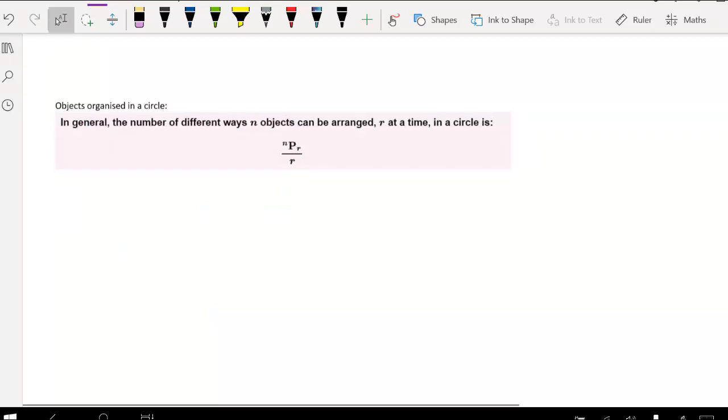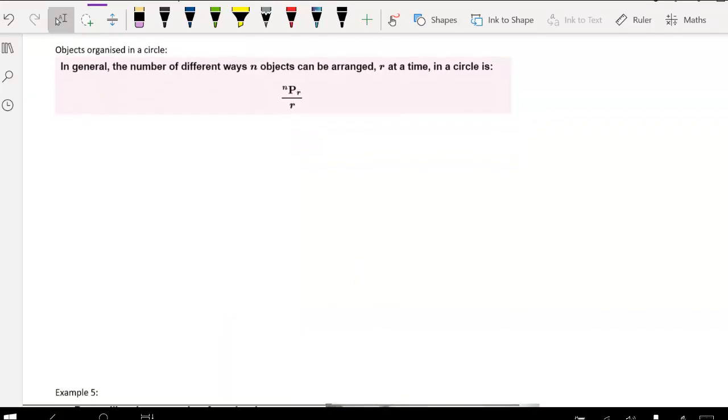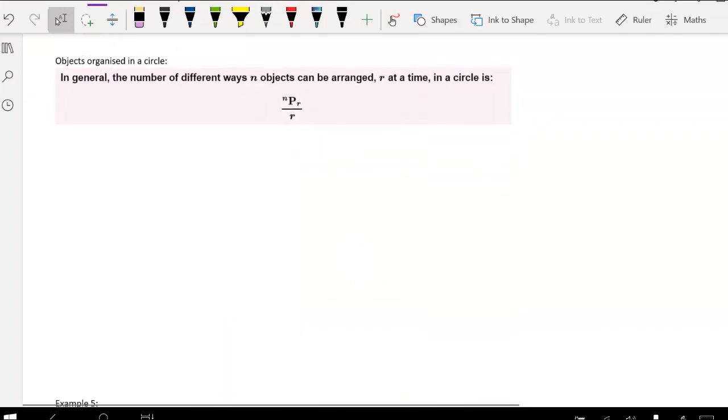The last thing we're going to look at is objects organized in a circle. So the general rule is that it's nPr over the number of objects.